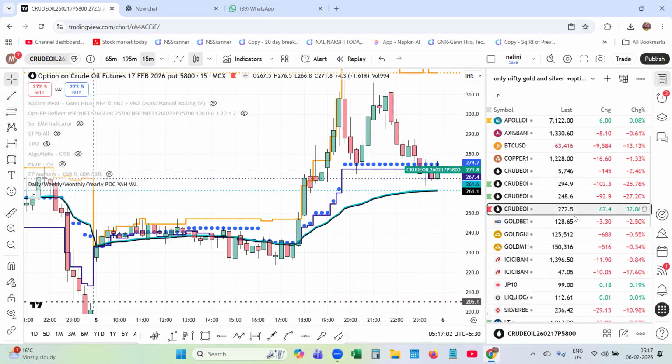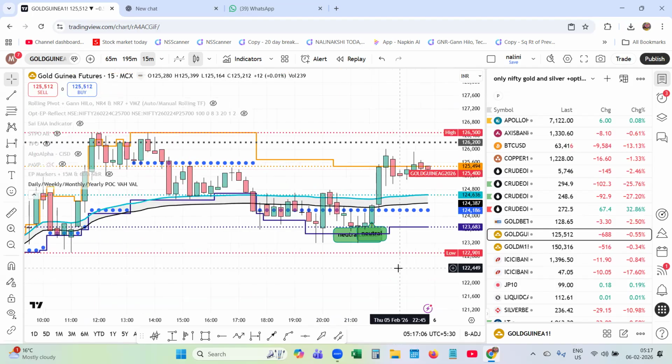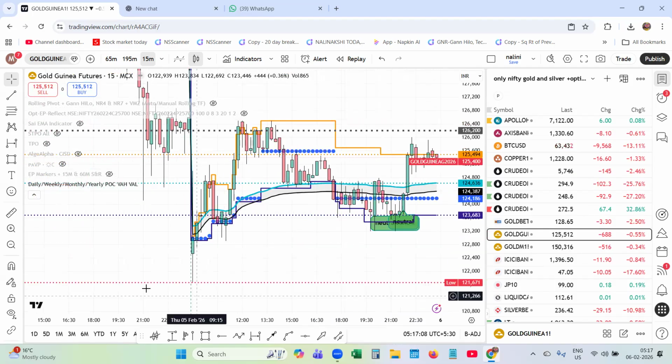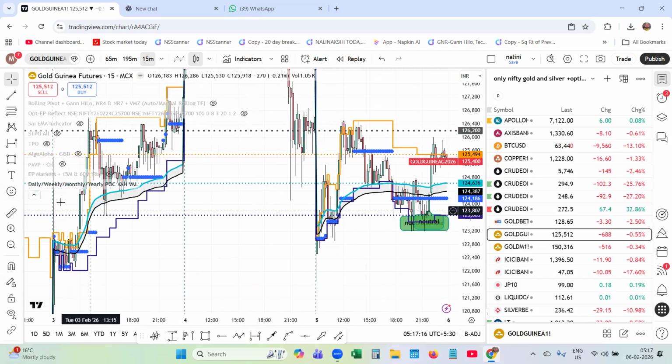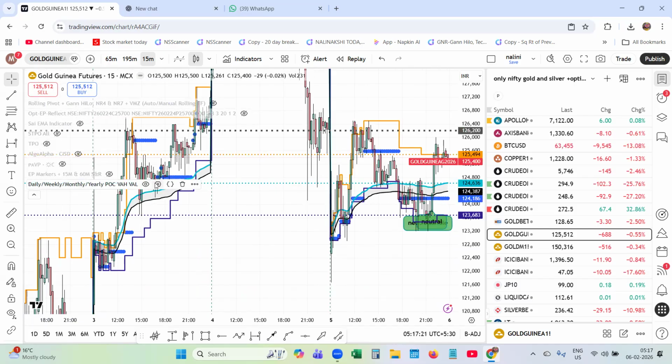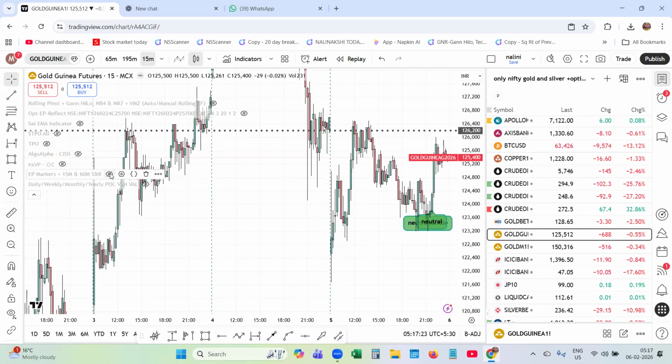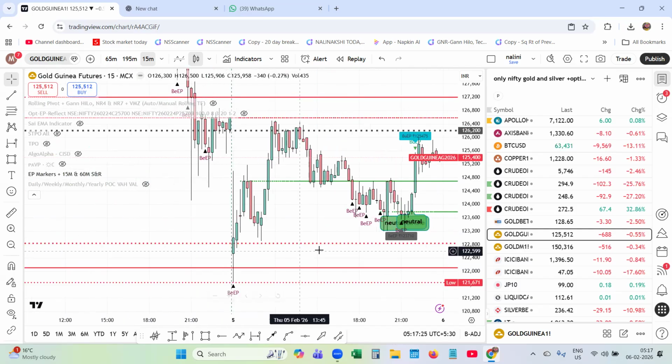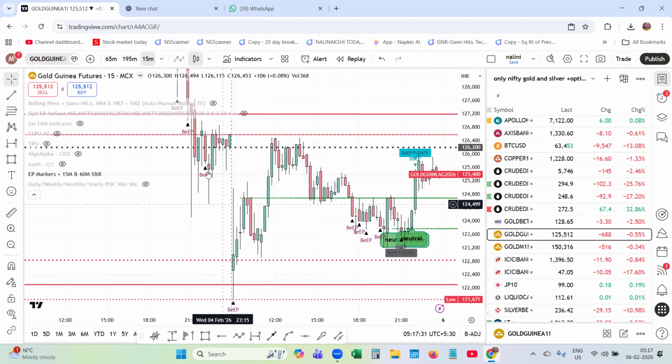Same type of setup in gold also. Gold India, see here the setup, it was a gap down, manipulative down, market moved higher. Let me enable first one by one. I'll hide this indicator, I'll enable EP. Okay, this is the bullish area. It is demarcating the bullish area.